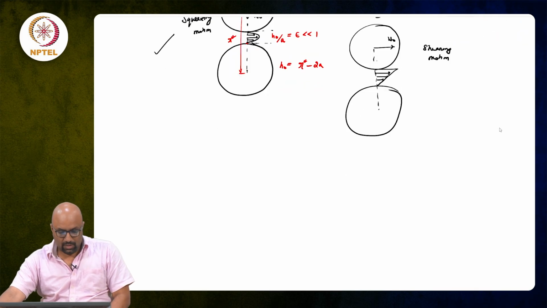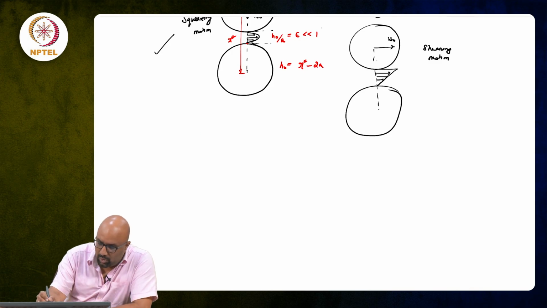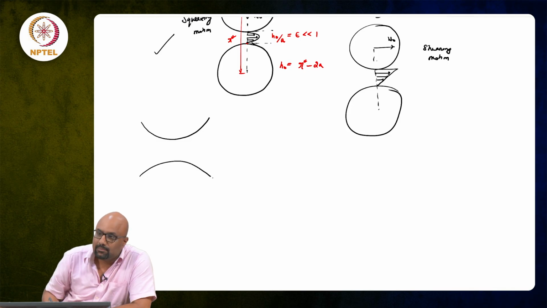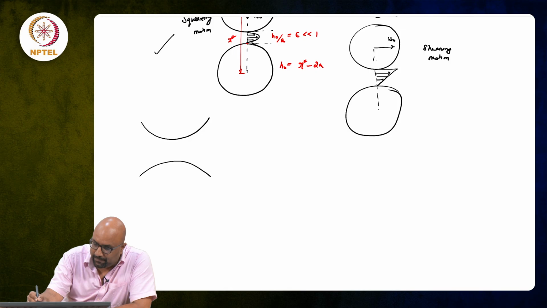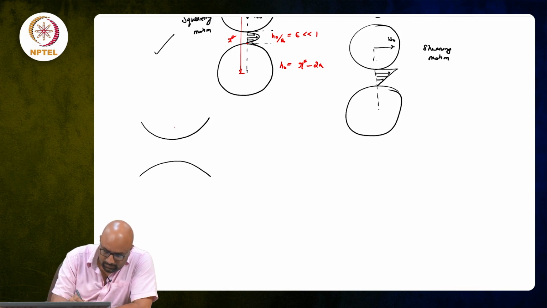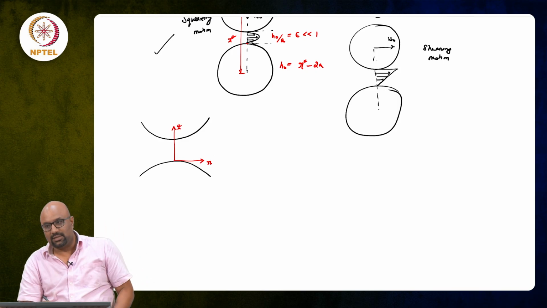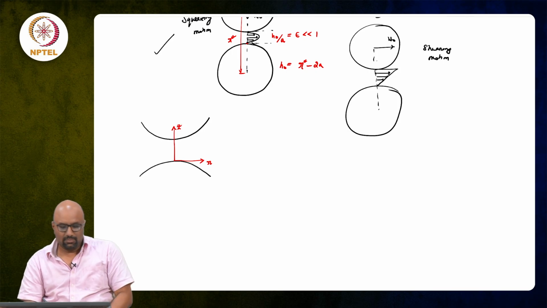Now, what we will do is zoom in close to the gap. We are not going to look into the region far away from the gap, and we will come back later to the consequence of doing this. Right now, let us focus close to the gap. Close to the gap, I will design a local cylindrical coordinate system sitting on the lower sphere.